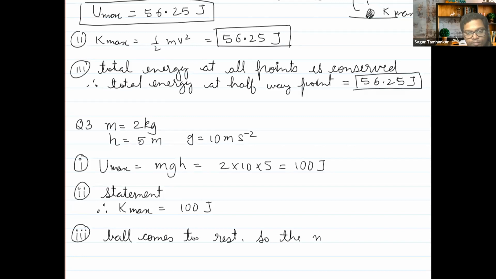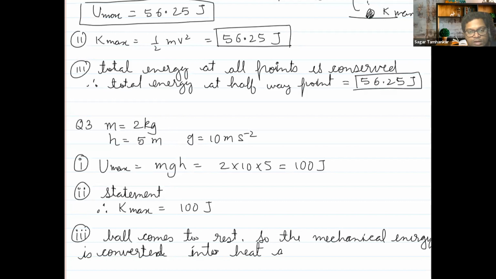So the mechanical energy is converted into heat and sound.